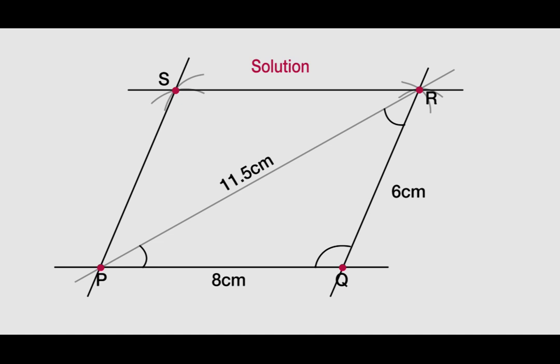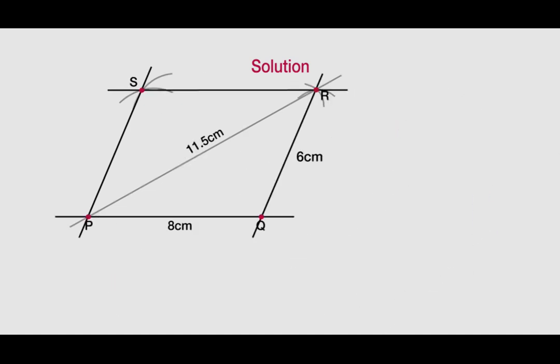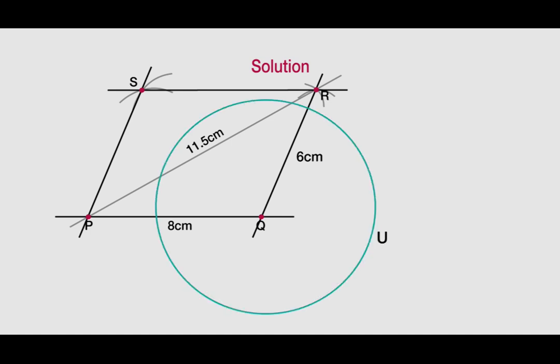Good. We then construct the locus 5 centimeters from Q. This means using Q as our center, we will construct a circle with radius 5 centimeters. Good.